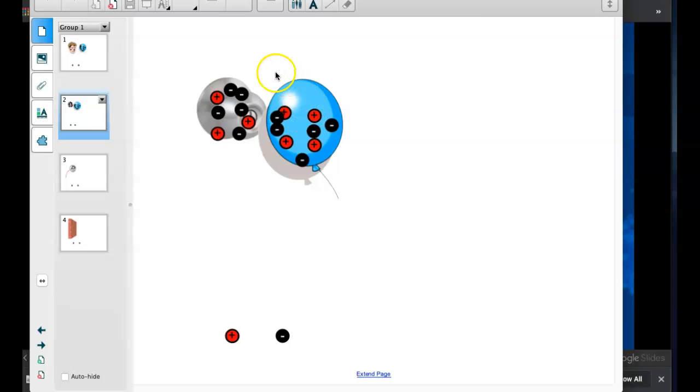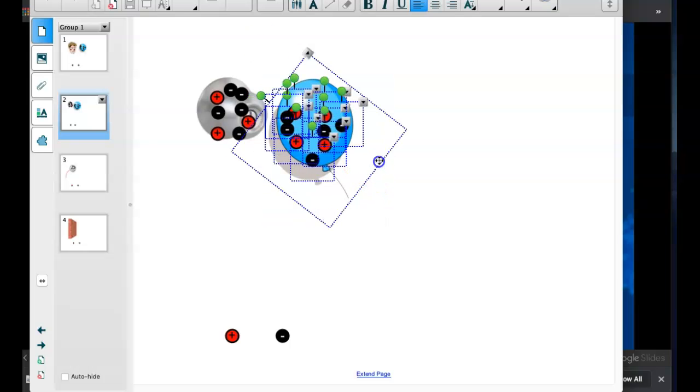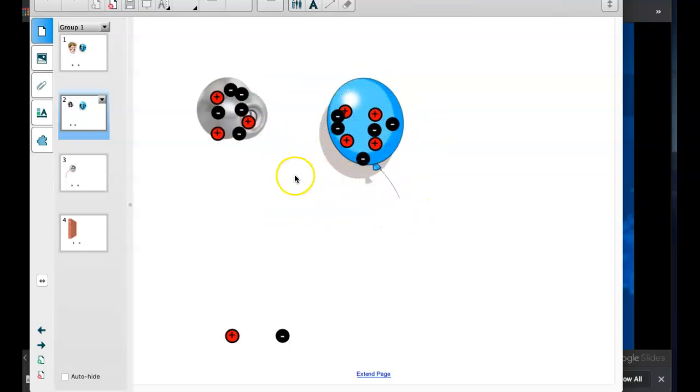Now, when I move it away, if you take a close look, you'll see that the doorknob now has 3 protons and 5 electrons, so it has a negative charge. The balloon has 4 protons and 1, 2, 3, 4, 5 electrons, so it still has a negative charge.